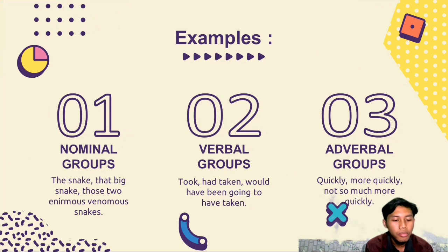The first is nominal groups, for example the snake, that big snake, those two enormous famous snakes. The second is verbal group, like took, had taken, would have been going to have taken. The third is adverbial group, like quickly, more quickly, not so much.